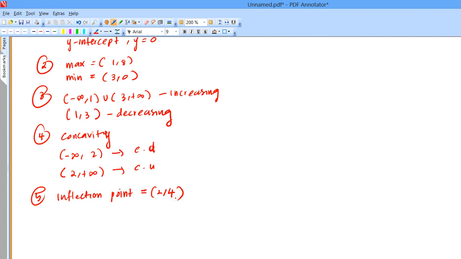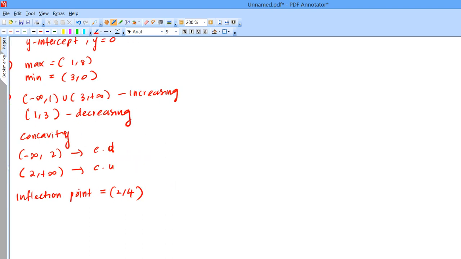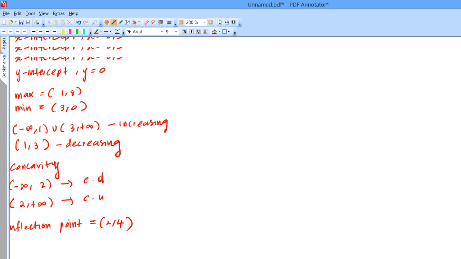So you need to remember an inflection point is actually a point where the concavity changes, maybe from concave down to concave up, or concave up to concave down. But based on this solution, it changes from concave down to concave up. Okay, next, we can draw this.